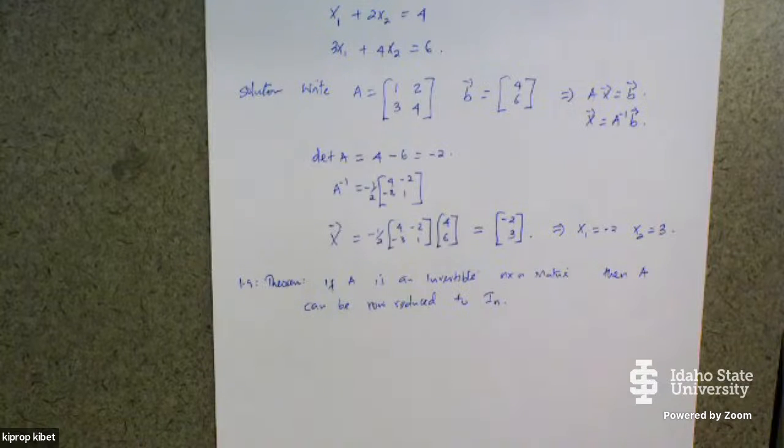So you can row reduce this, and what you get finally here is the identity matrix.